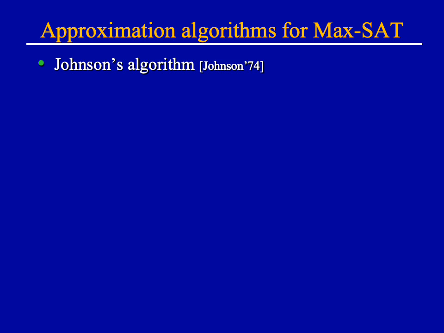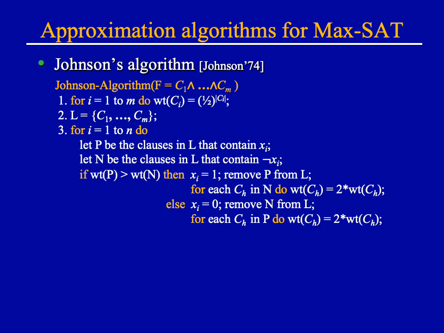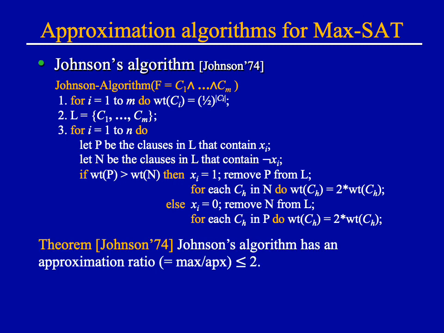There's a very famous algorithm called Johnson's algorithm, from almost 50 years ago. The algorithm is given like this. Basically, once you have a formula, we need to find an assignment that satisfies the largest number of clauses. I'm not going to get into the details of this algorithm.